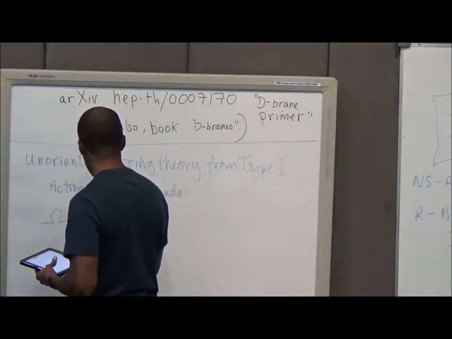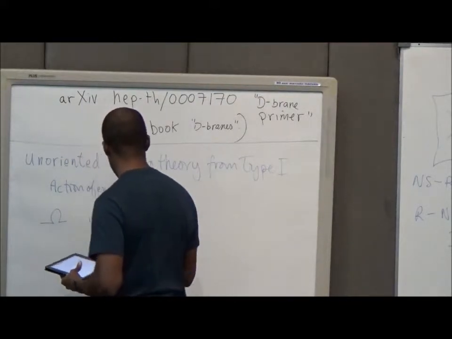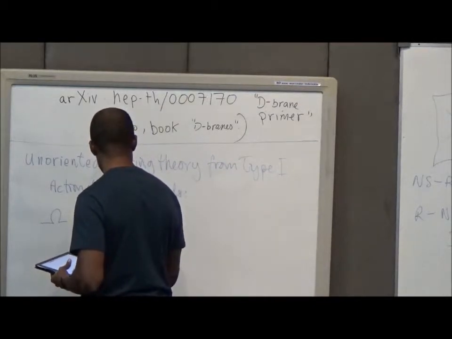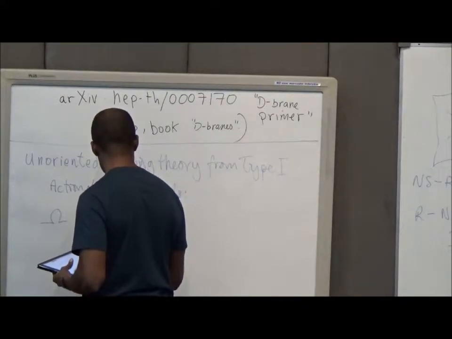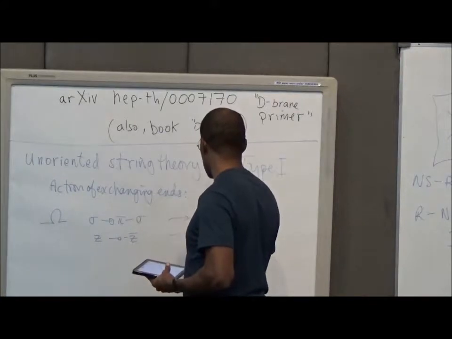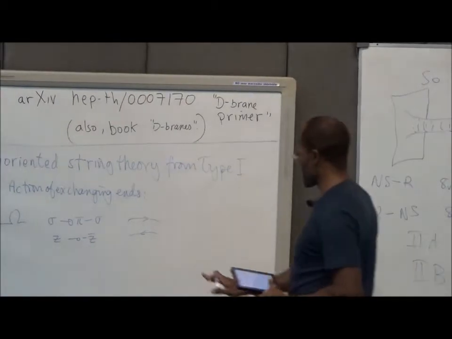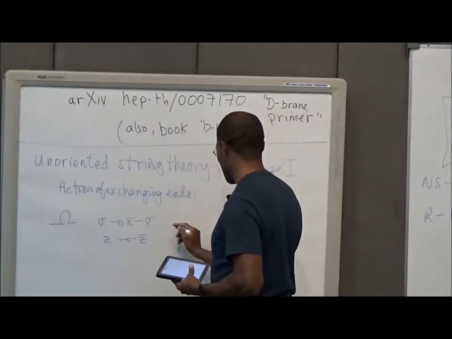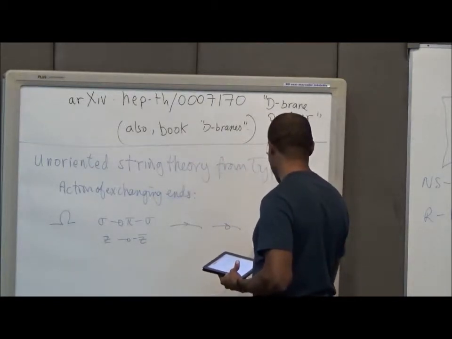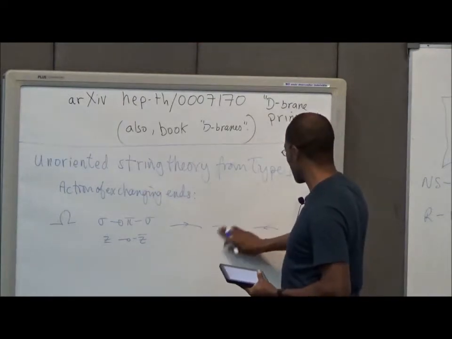Its job is sigma goes to pi minus sigma, or in Z language, Z goes to minus Z bar. That's the thing that's going to swap that into that. Or actually, confusingly, it's going to swap that into that, where that's the arrow taking me from that to that. That's sort of the joke.